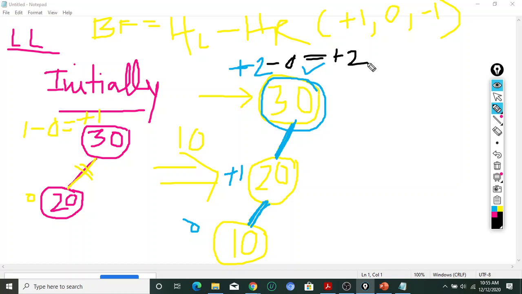Now look at this. For what reason did this imbalance happen? What is the cause of this imbalance? Because I have added a node.